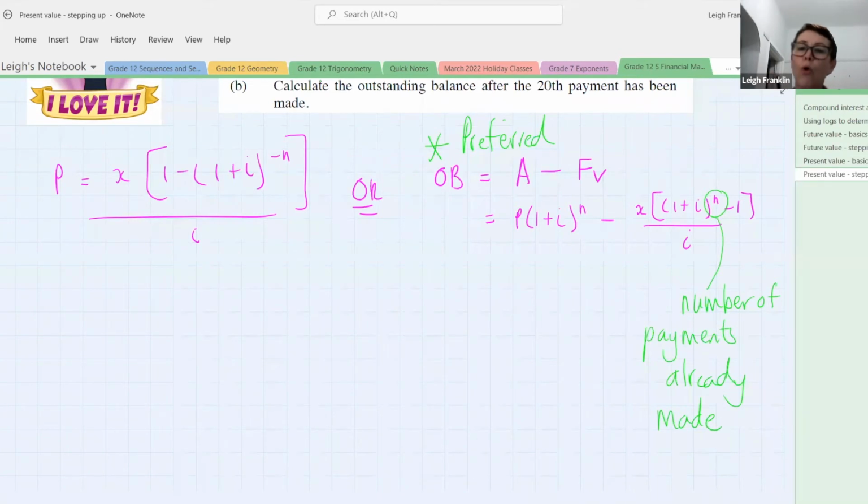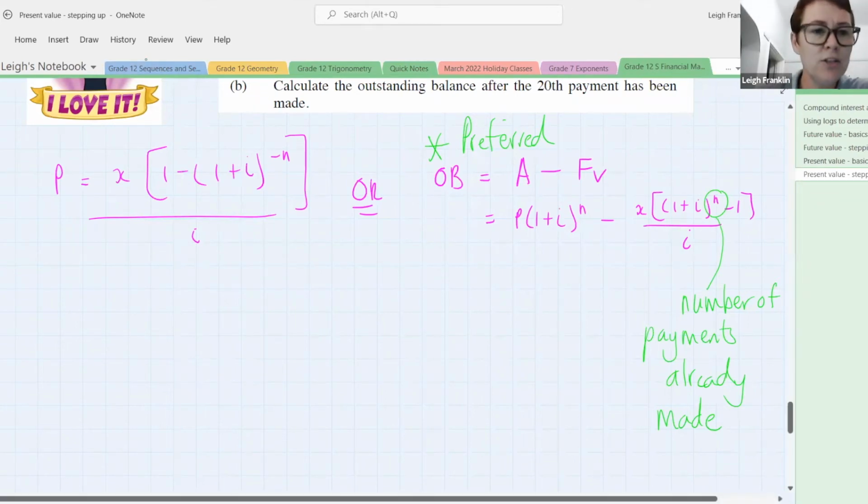You are always going to know how many payments have been made. In every situation where they want you to calculate the outstanding balance, they have to give you that information or give you a way to be able to work it out. Otherwise they cannot ask you this question. So you need to know how many payments have been made.